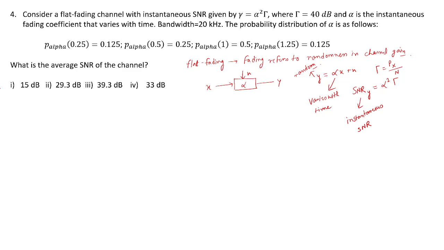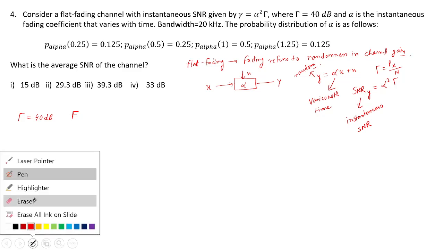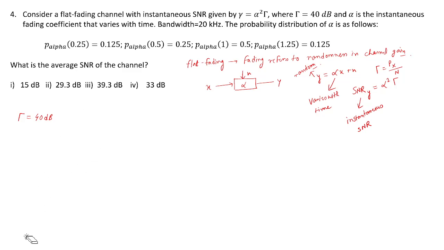Here you can see capital gamma is given in dB terms, 40 dB, which by now you can convert to gamma in linear scale. How do you obtain that?